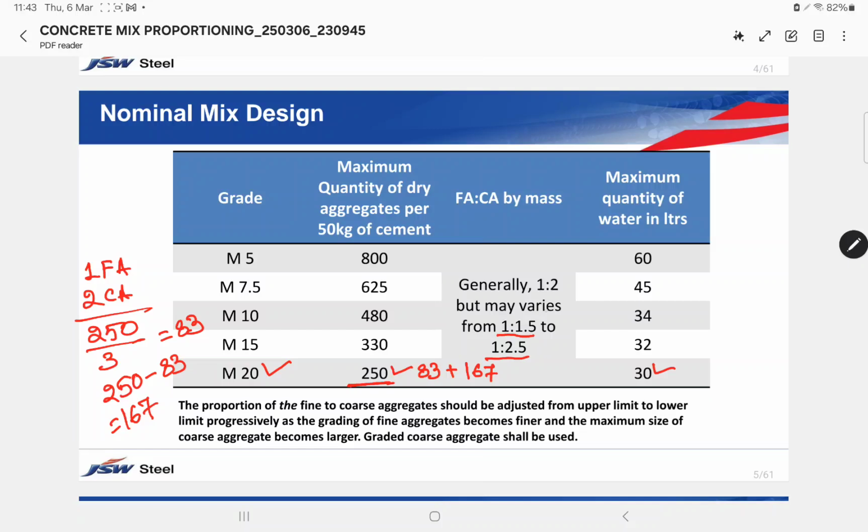Now it has again said that this proportion, this 1 is to 2 proportion may vary from 1 is to 1.5 to 1 is to 2.5 depending upon the size of coarse aggregate.